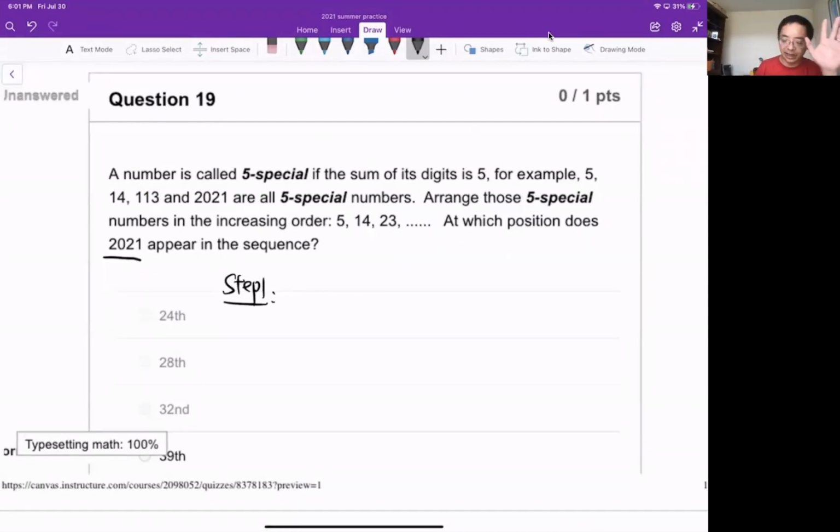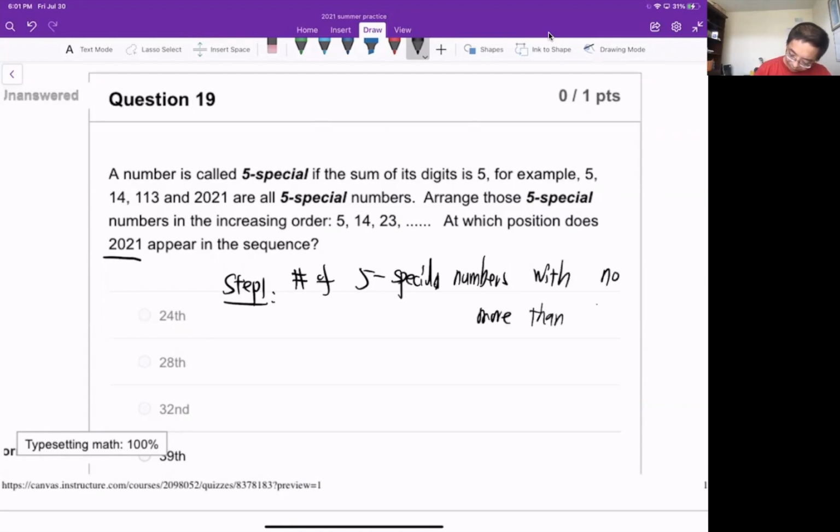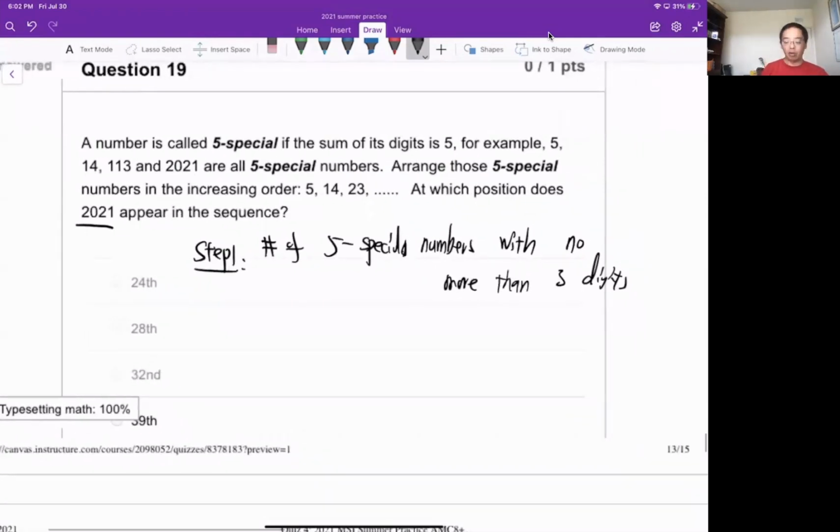So first, let's figure out how many of them have no more than 3 digits. The number of 5-special numbers with no more than 3 digits. Algebraically, how do we express this?